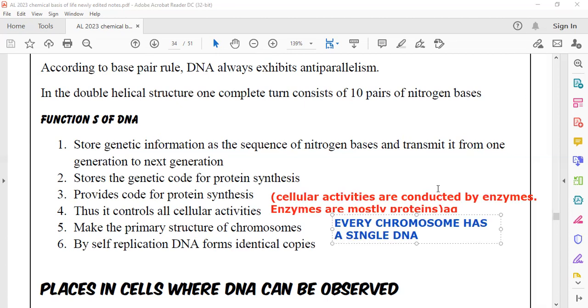So you should not think DNA alone makes the chromosome. In addition to DNA, there are certain proteins also making the chromosome. I think the word chromosome is a very familiar word to you.